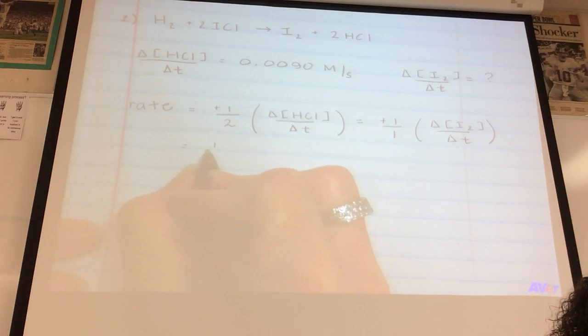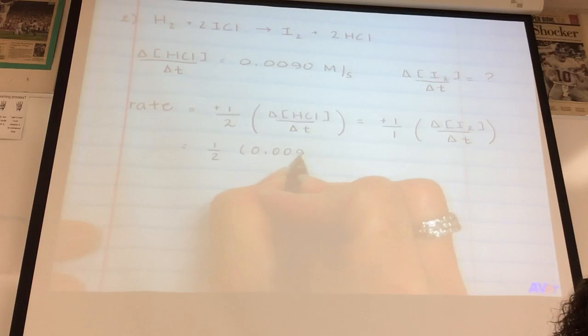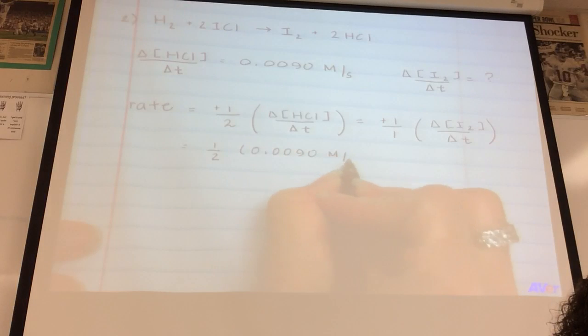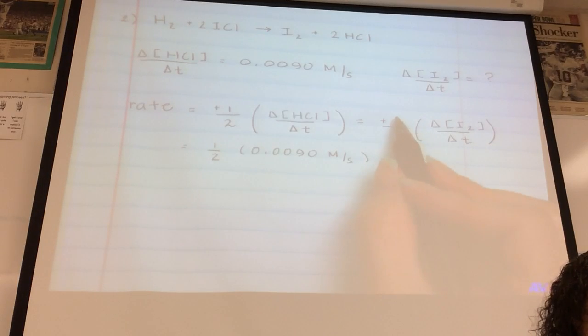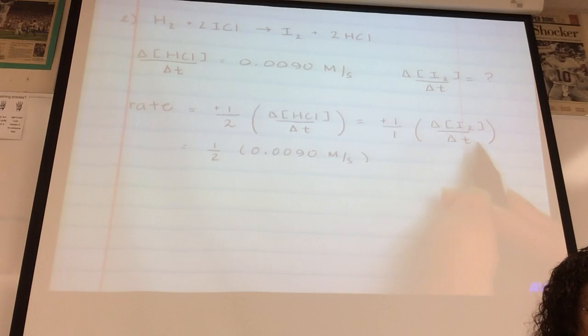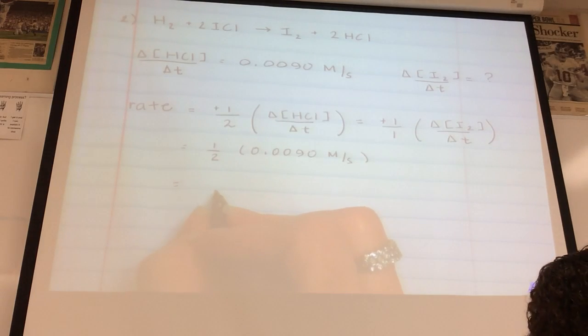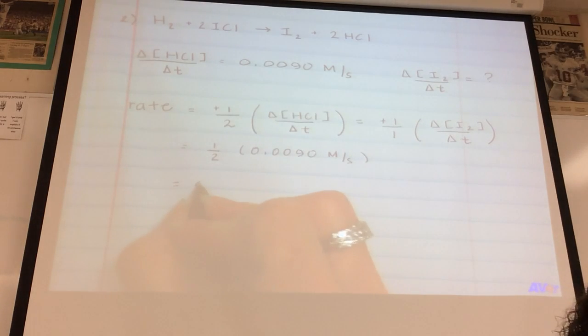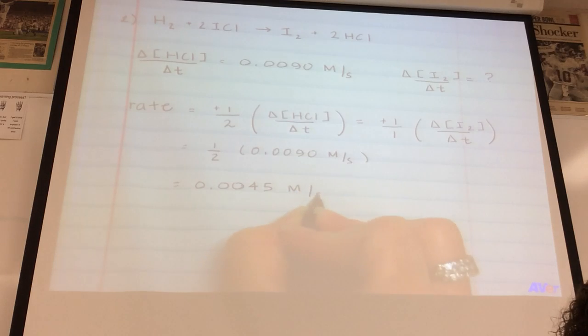You have 1/2 of 0.0090 molar per second, and that's equal to 1 times what you're looking for. You can call it x if you prefer. And so what you've got then is 1/2 of 0.0090 is 0.0045 molar per second.